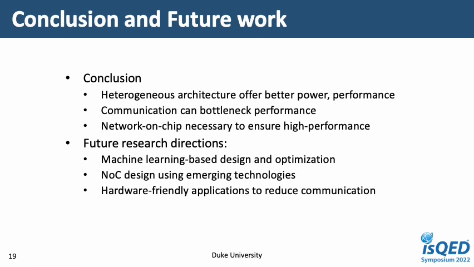Now, in the future, there can be many interesting research problems. For instance, we can use machine learning to solve some of these problems. For instance, we can use machine learning to find out the best network on chip possible for a certain architecture and for a certain application. Similarly, we can use emerging technologies for network on chip design. For instance, we can use wireless or photonics interconnects in these architectures to even improve the communication even better than what we have now.